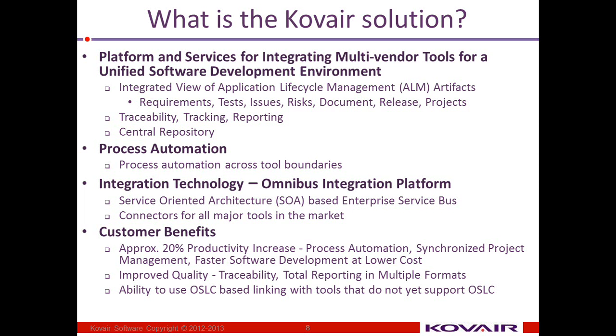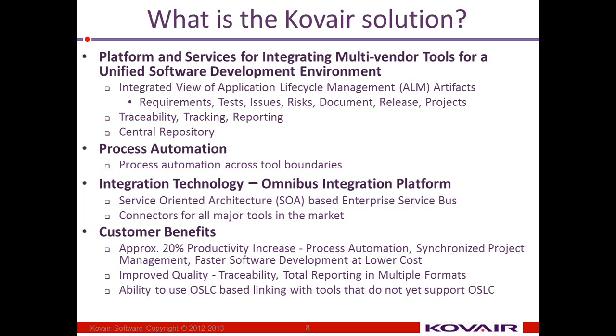We have reports of customer benefits of about 20% productivity increase. The reasons for this, as quoted by the customers, are process automation, synchronized project management, and faster software development at lower cost. So these are the feedbacks from the real customers.